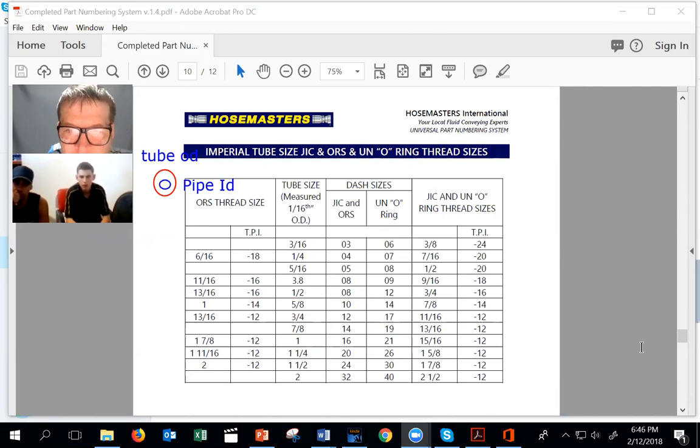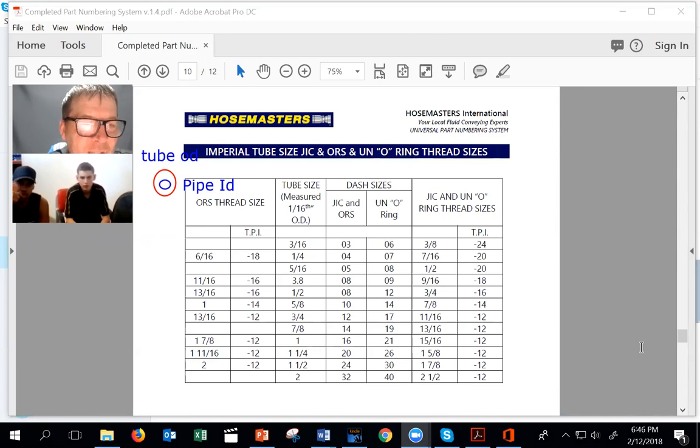Both of them, when you're measuring them, will have TPIs. So you can see the TPIs. If I'm using ORSF, you can see the ORSF column. And I go 13, 16, how many TPIs does it have? 16.